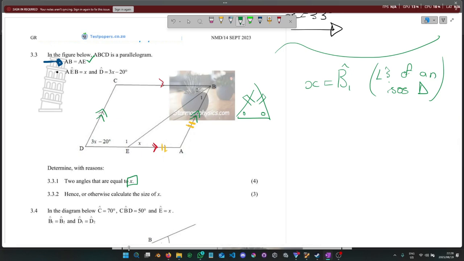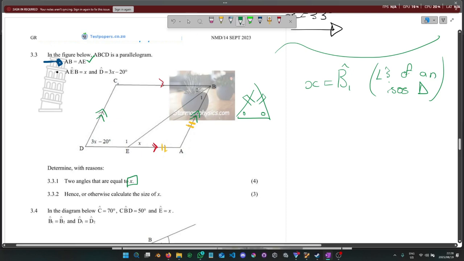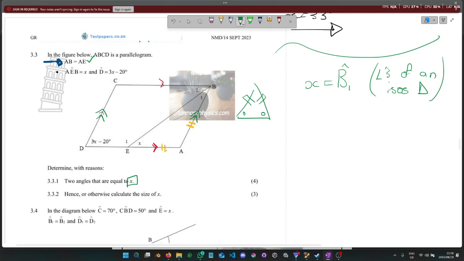Well, let's see. They also gave us the fact that these are parallel, right? So let's see if these ones, can we make an F? No, we can't make an F with these ones, right? Even this way, no. How about a U? We can make a big U, but then this one and this angle, right?